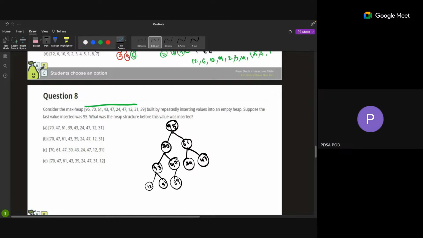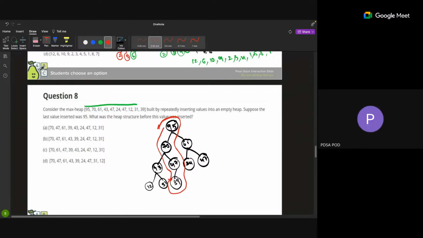So very simple. We always do heapify bottom up, so we try to do that in reverse order. Reverse order means this 95 will come to you this way. The possibility for this particular heap is only this path. Am I right or wrong?